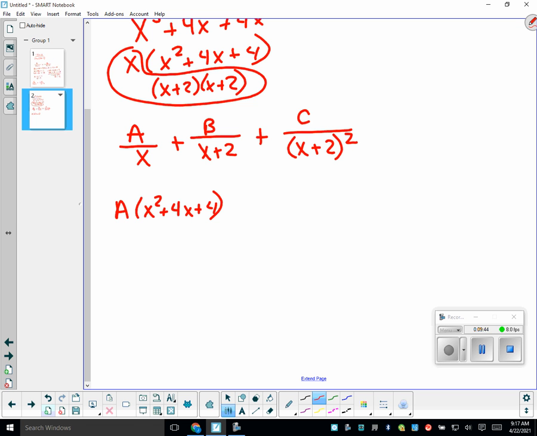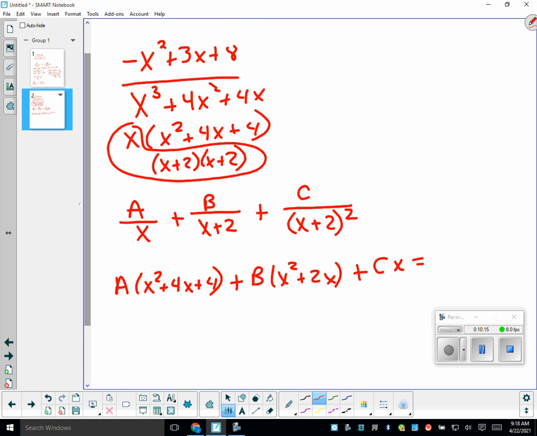Now, for b, what is missing is x times x plus 2, so b times x squared plus 2x. What about c? Just an x. You all agree? Yeah, that makes sense. And what is this equal to? My numerator, negative x squared plus 3x plus 8.